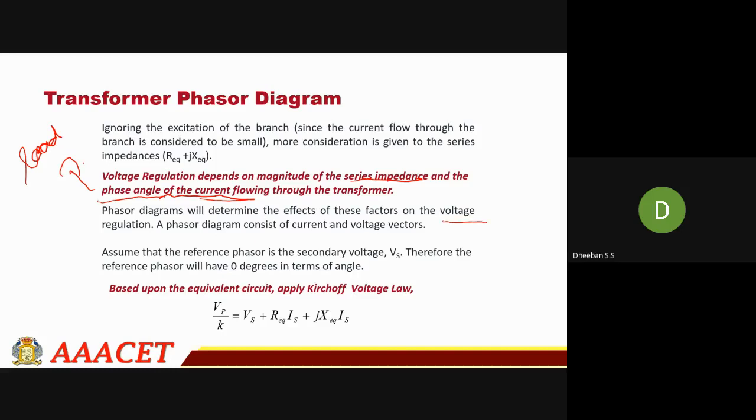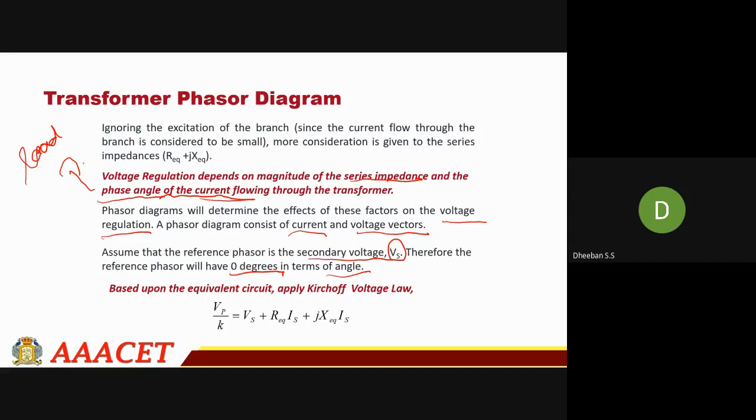The phasor diagram consists of current and voltage vectors, which you already know. Assume that the reference phasor is the secondary voltage Vs, so the reference phasor will have 0 degrees in terms of angle.